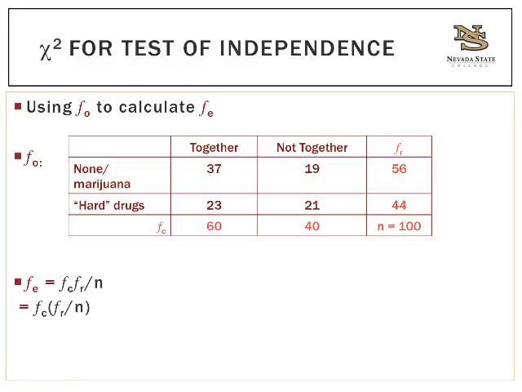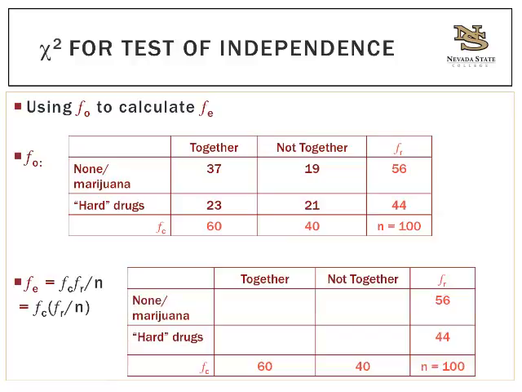So let's clear out those numbers in the middle because we don't care about those, and we're going to now calculate our expected frequencies for each of these four categories. In our first box, we have those people who told us that their parents stayed together and they didn't use any drugs or only used marijuana. What we would expect if the null is true is this number here.